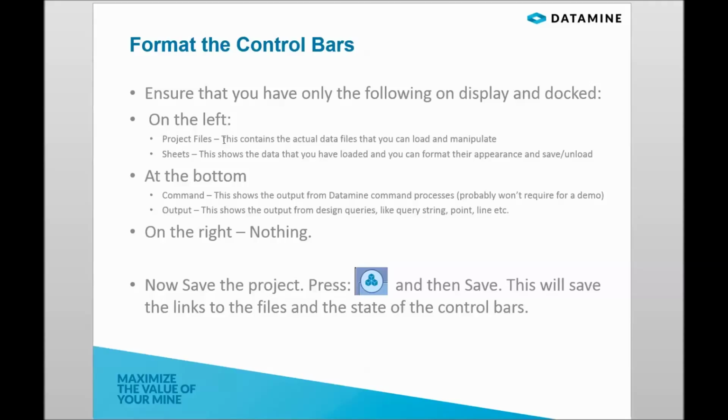The project files contains the actual data files that we can load and manipulate. The sheets show the data we have loaded and how you can format the appearance. And at the bottom we need the command and the output window, which just show information around Datamine commands or design commands that we've carried out.